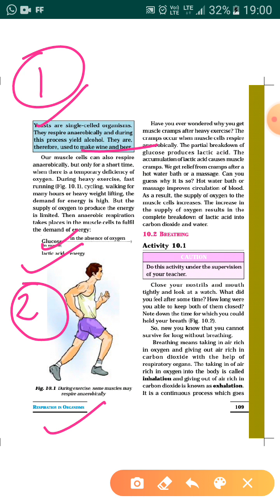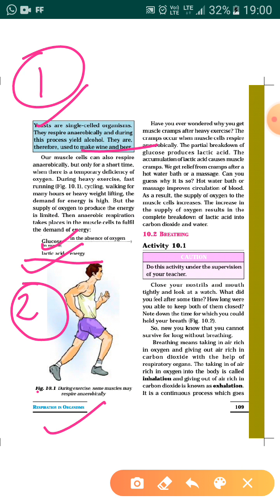Anaerobic respiration in muscle cells produces lactic acid and a little bit of energy, and that is why you must have felt muscular pains or cramps whenever you run a lot or walk a lot, because at that time your muscles do not get enough supply of oxygen, and instead of undergoing aerobic respiration they readily undergo anaerobic respiration because they need some energy, although that energy is lesser, to compensate the fatigue or tiredness while you are running or playing.